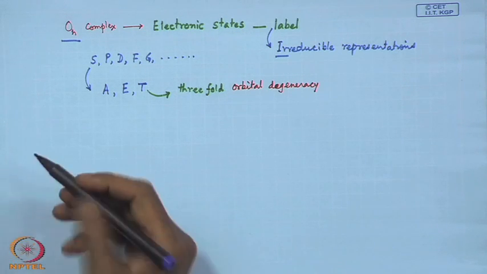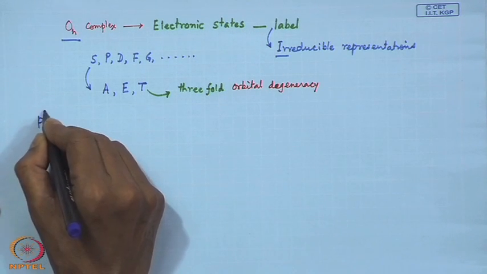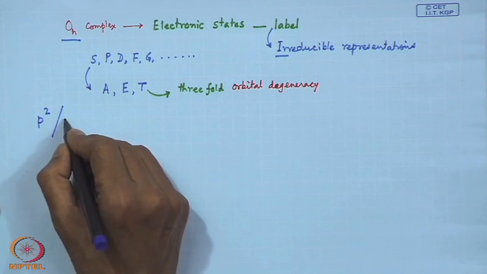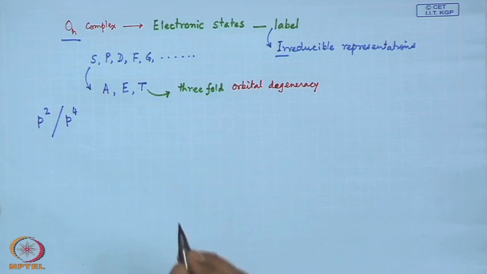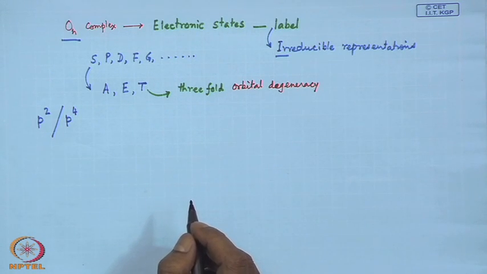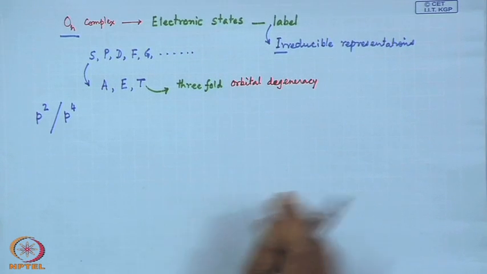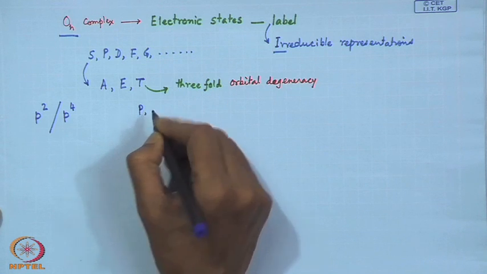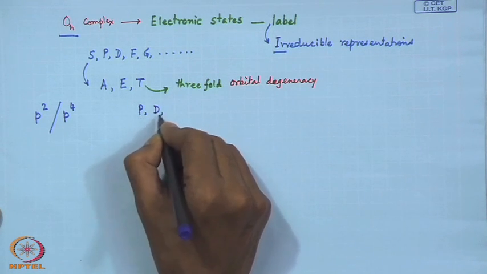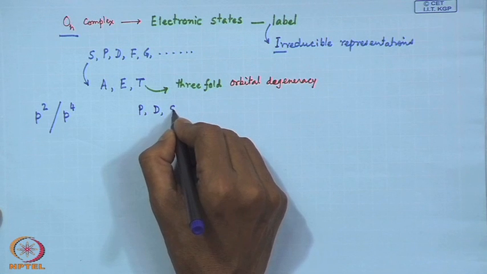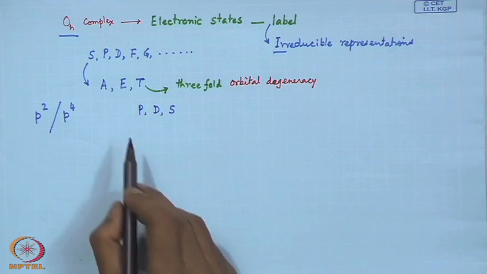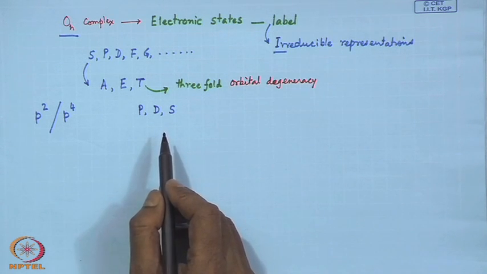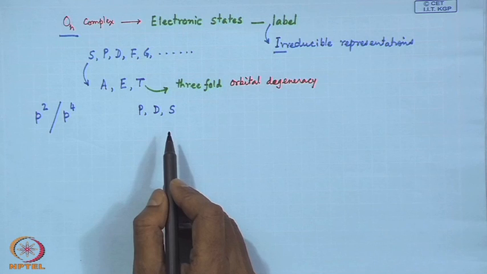So, what we find is that for a situation where we have the p2 electronic configuration, which has the corresponding hole equivalent, that means the number of holes present in a closed system is equivalent to p4 also. In these two cases we can have states like P, D and S. So, how can we get all these electronic states from the combination of the spin angular momentum and the orbital angular momentum?